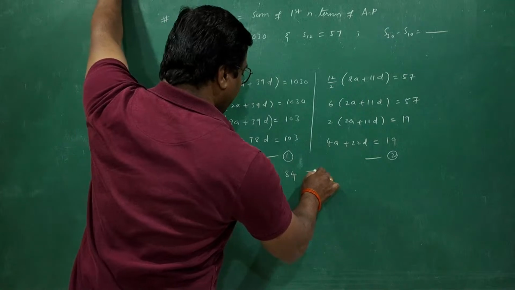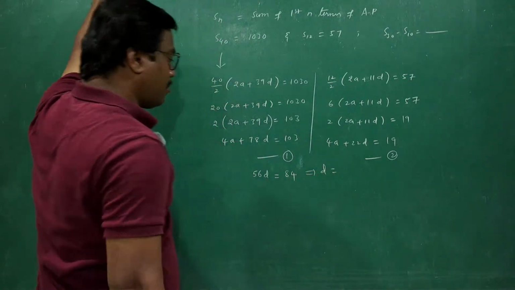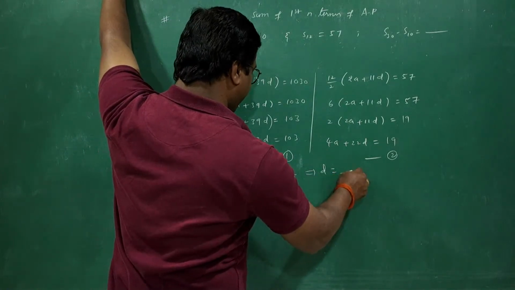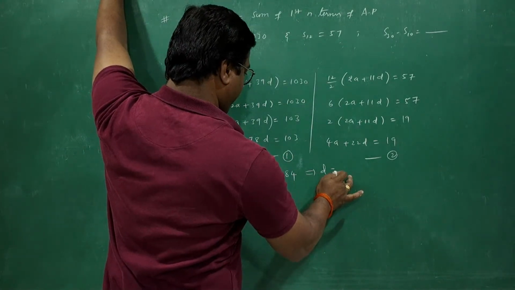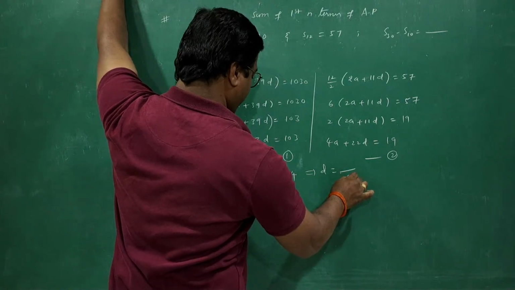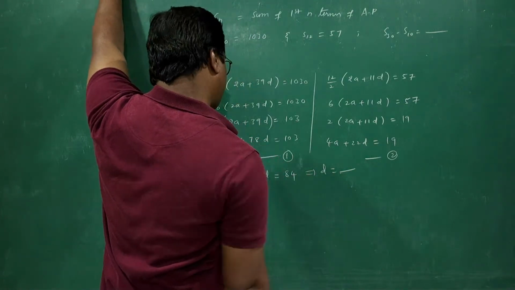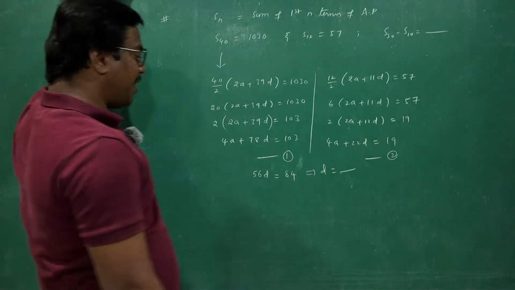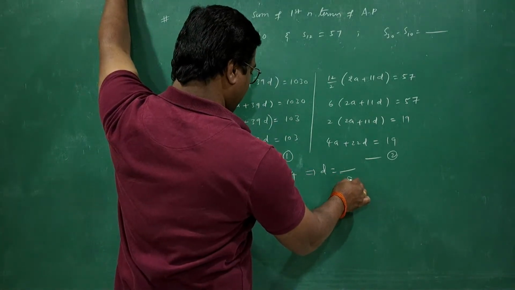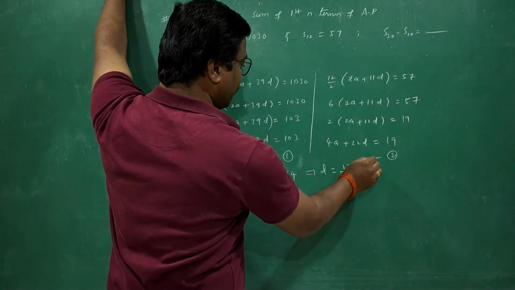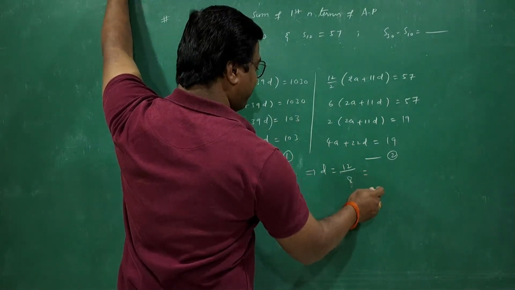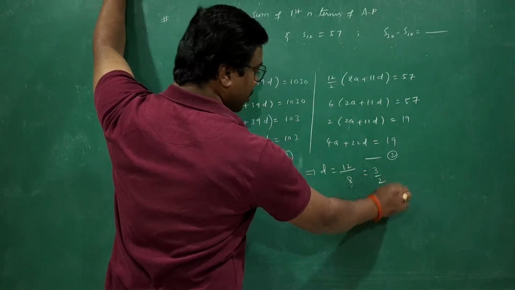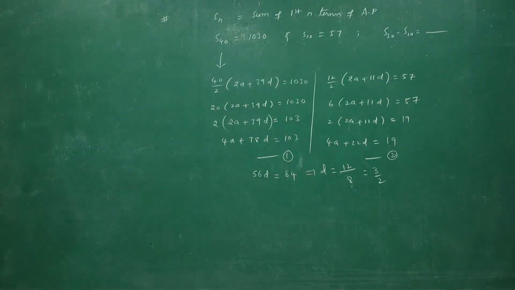What is the value of d? Divide by 7, divide by 8, 12. Next, what do we get? D value is 3 by 2.